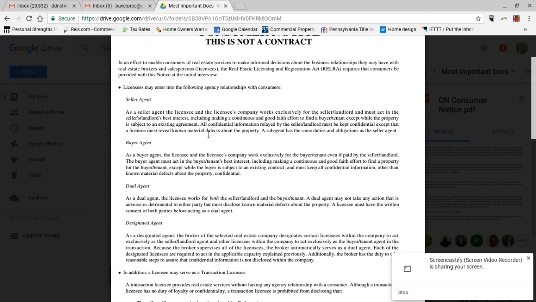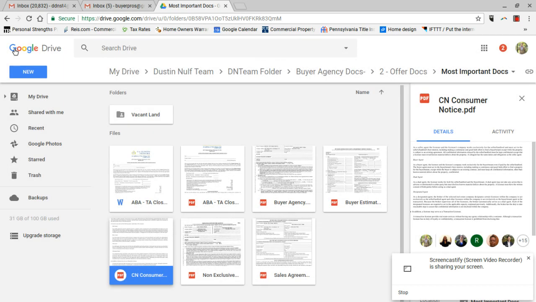I will not be trying to get both ends of this deal. I am the seller's agent. And even if the buyer comes through my team, they're going to be represented by Natasha or Kim or somebody else, and they're going to be fully represented too. So you know that this is a fair deal that we're going to have.